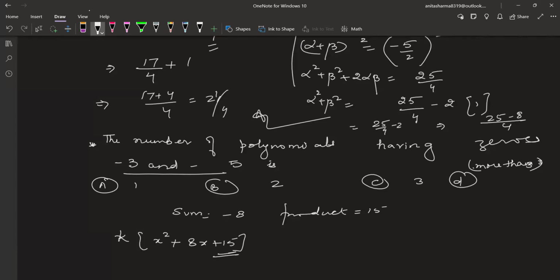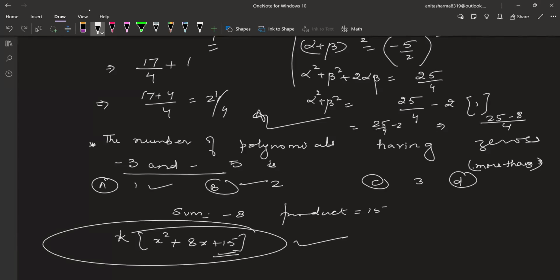It will depend on the factors of k of this only. According to this, we will get this quadratic polynomial. So k can have so many values, right, beta? So more than 3 polynomials can have these zeros. Clear? Yes, ma'am. So, more than 3.